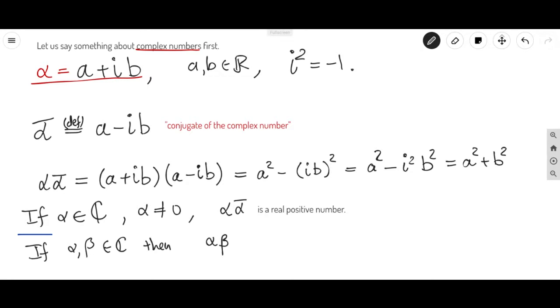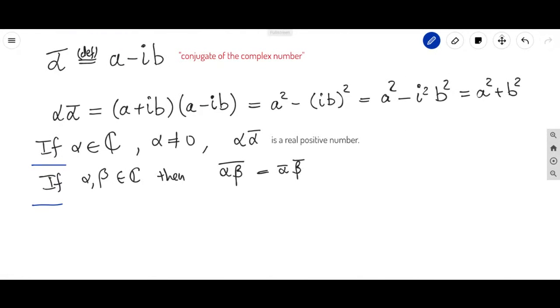If you take two complex numbers and you multiply them and you take their conjugate, that's the same thing as the product of their conjugates. It's the same thing as alpha conjugate and beta conjugate. That's very easy to check. You just simply take alpha, you write it as a plus ib. You take beta and you write it as c plus id. You multiply them, you take the conjugate, and you check that you get the same thing if you do it the other way around.